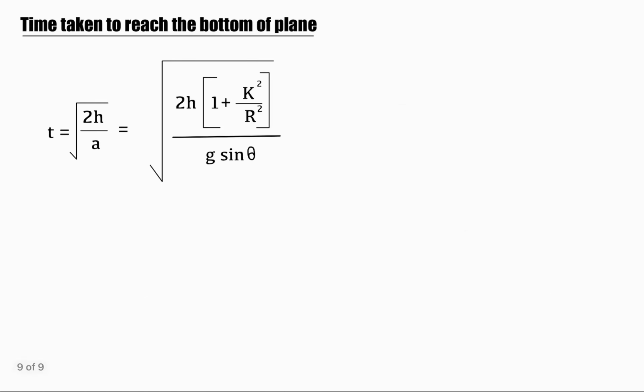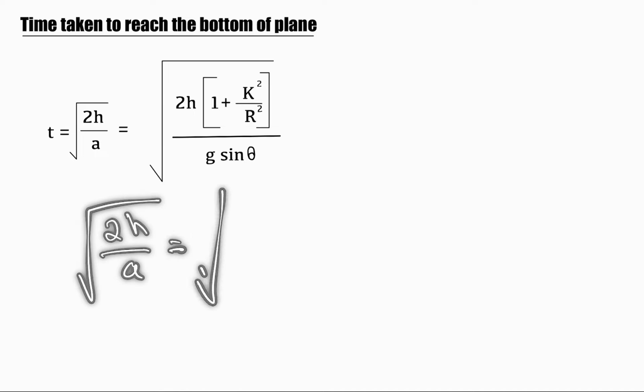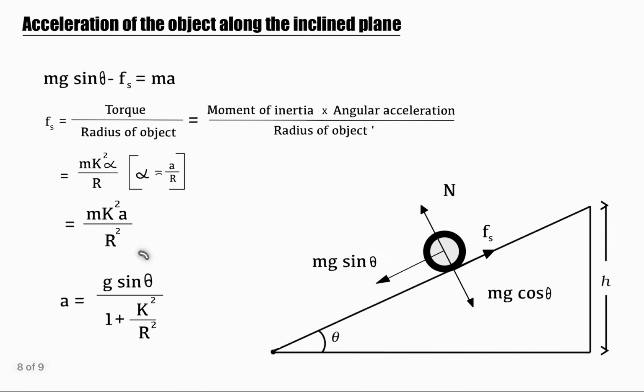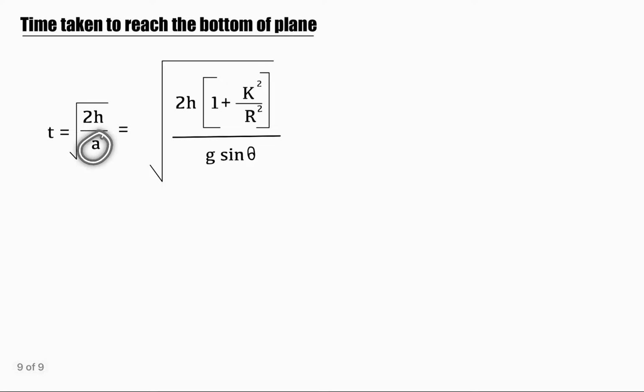For the time taken to reach the bottom of the plane, t is equal to root of 2h divided by a, which is root of 2h into 1 plus k square divided by r square, whole divided by g sin theta.